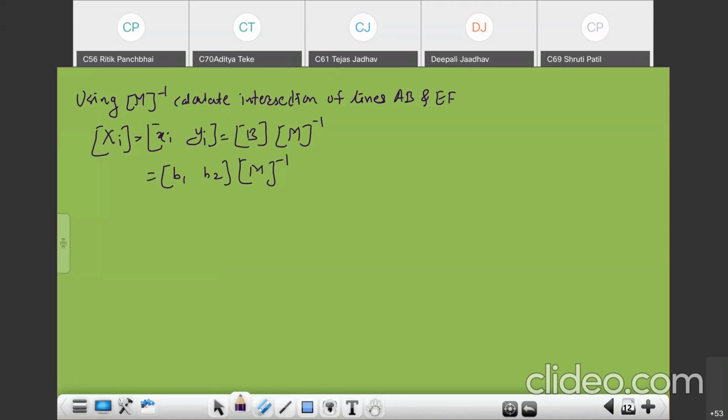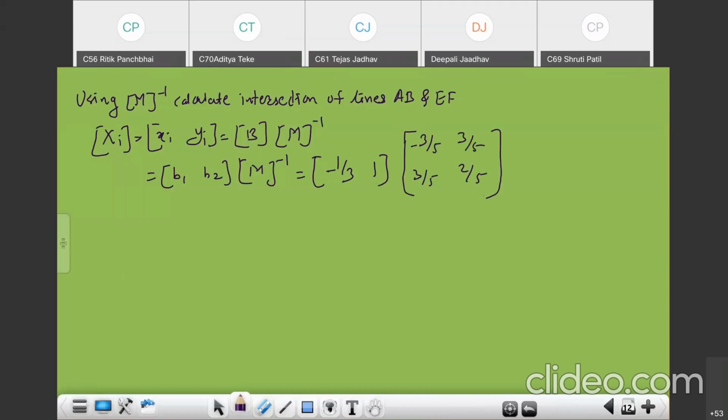Now put these values in the equation. Previously we have calculated B1 is minus 1 by 3 and B2 is plus 1. Multiply with the M inverse that we have calculated: minus 3 by 5, 3 by 5, 3 by 5 and 2 by 5.